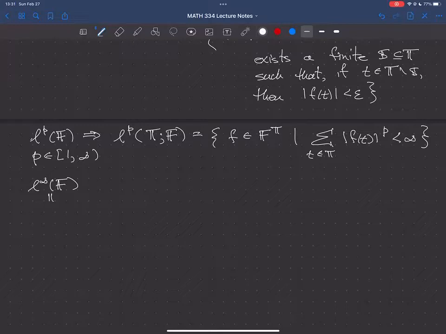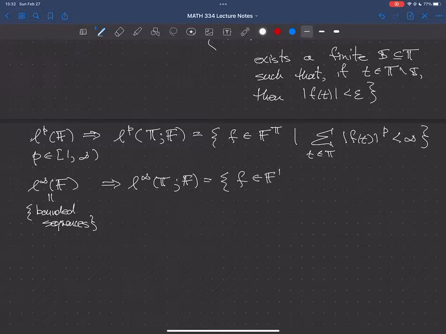So we didn't talk about this, but l infinity of F is simple enough. These are bounded sequences. And corresponding in terms of signals to the bounded sequences are going to be the bounded signals, which are of course l infinity. So let me say carefully what that means.